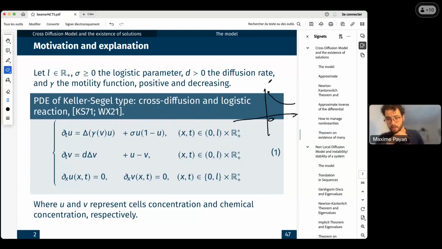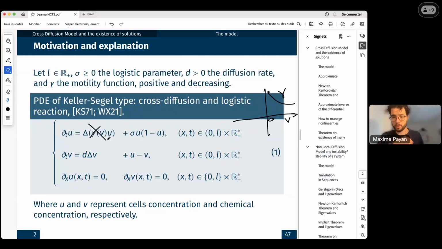So this is gamma of V, and we have something very close to 0. It means that this term completely disappears when V is very high, so there is no diffusion of U. There is just a logistic growth. So V very high, U very high.